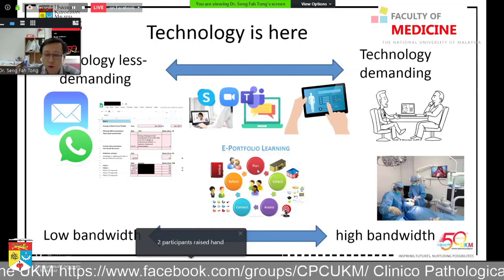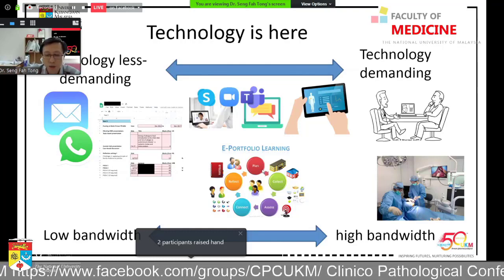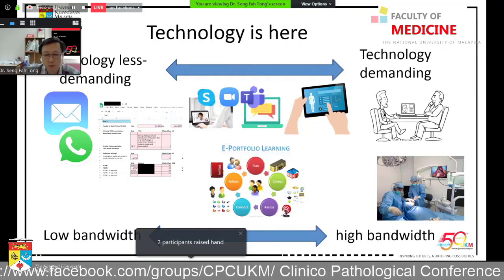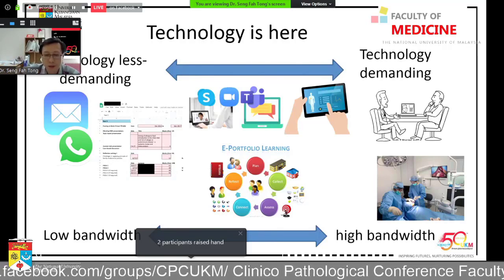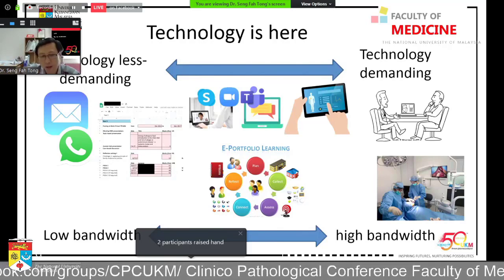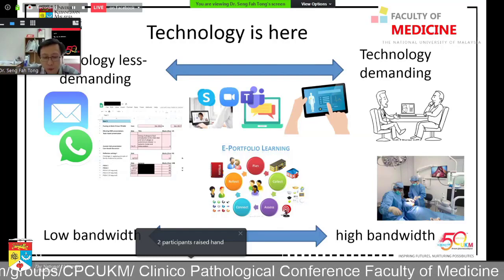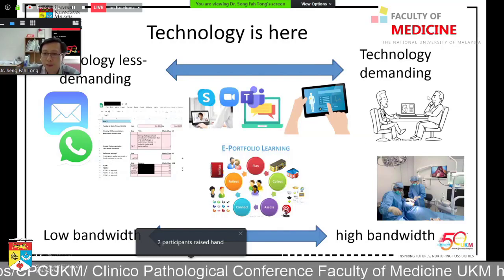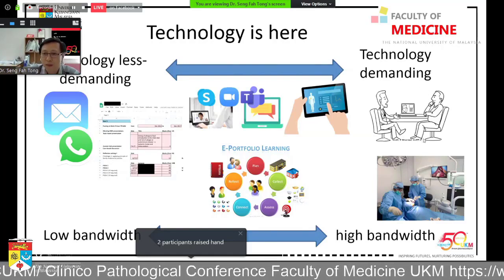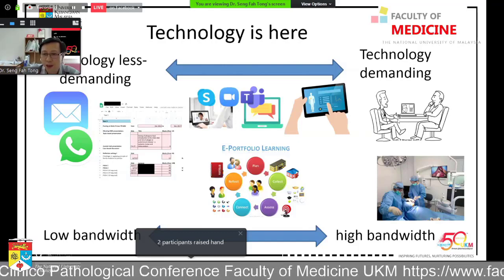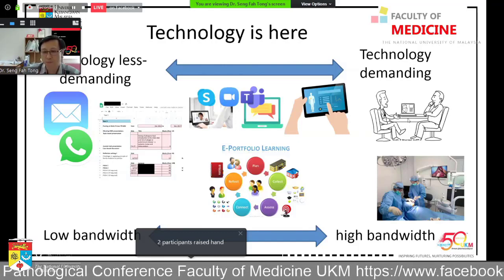A lot of e-portfolios are coming in, documenting what the supervisees are doing, and then supervisors can look at the portfolio page and see the progress of supervising. And this is a cartoon I just picked up, showing a patient, a clinician, and a supervisor on the laptop.